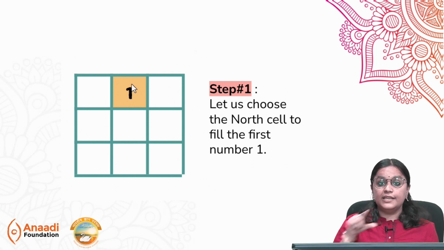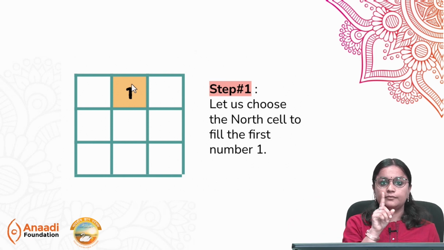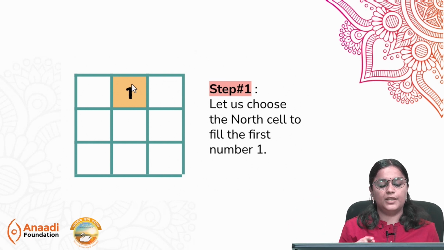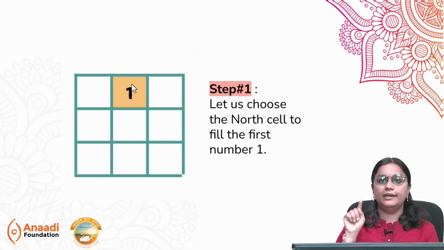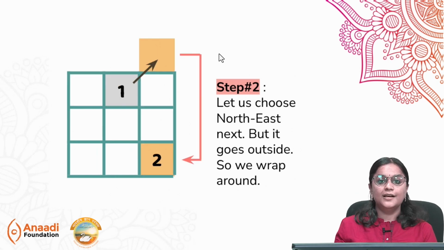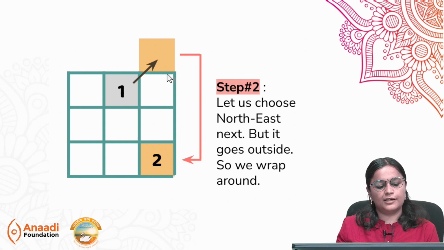So in our series of numbers we had chosen, 1 was the first number, if you remember. So since I have picked north, I will write the number 1 in my north cell. After filling the digit 1, we choose to go to, let's say, northeast next. As you can see here, the northeast direction is outside our square lines. It is falling outside our 3 cross 3 grid.